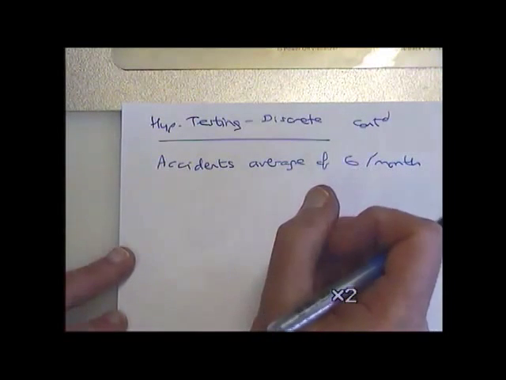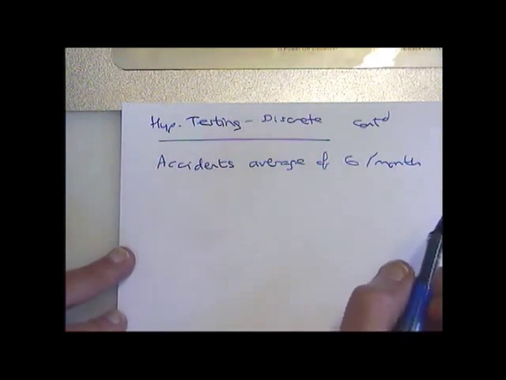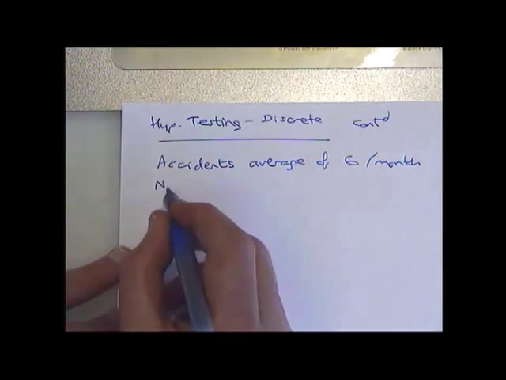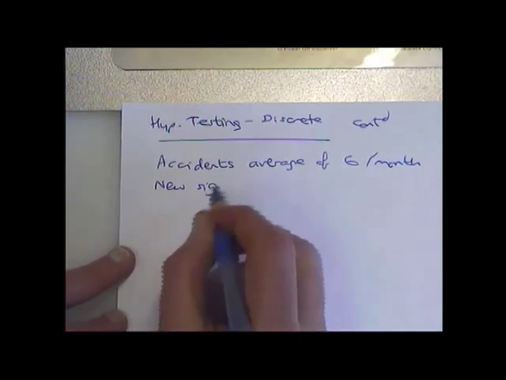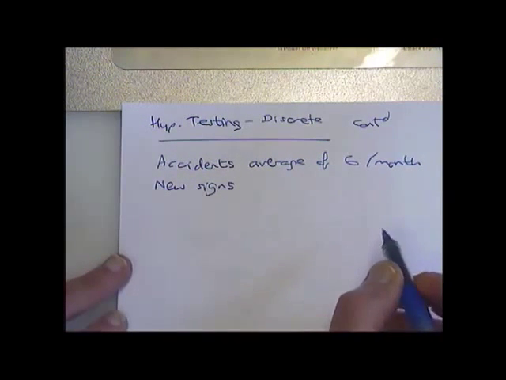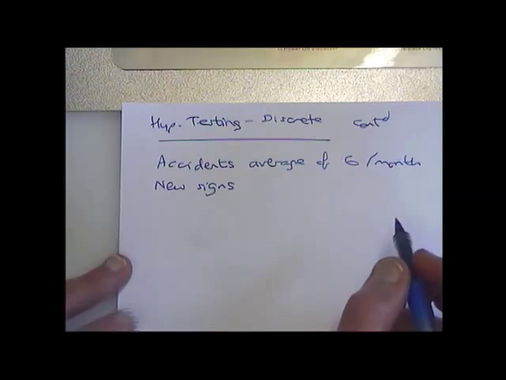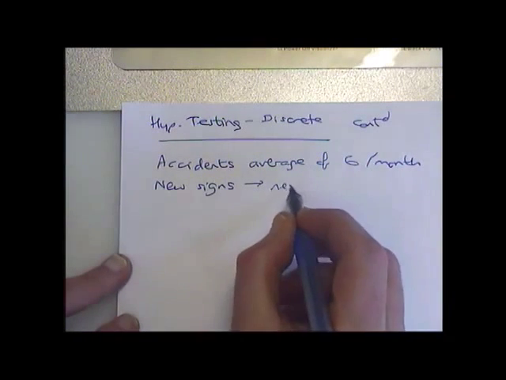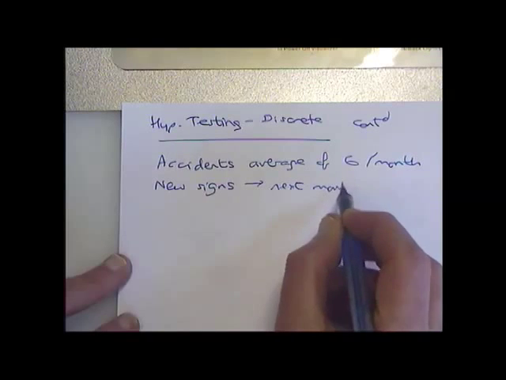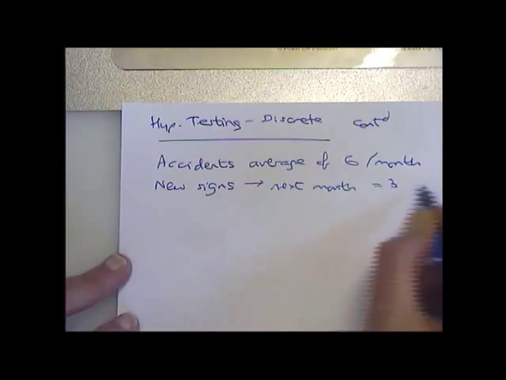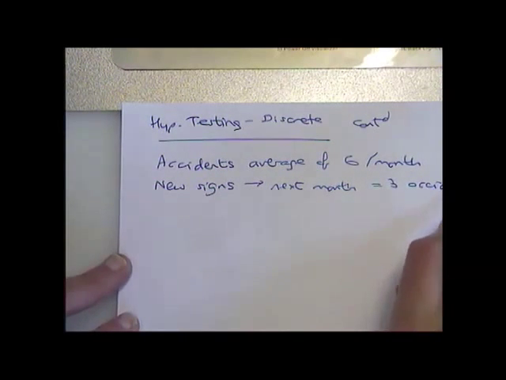We've called this again road accidents that happen somewhere. The council weren't very happy, so the council put up new signs. And then, after the signs went up, in the next month, there were 3 accidents.